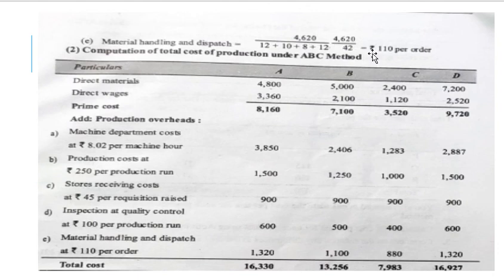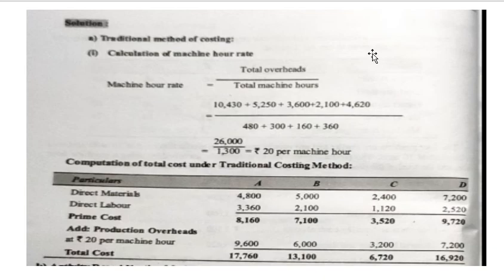You can ask me how did you get 12, 10, 8 and 12 again. That calculation is in your question, as they have stated in this line: the 4 products are similar and are usually produced in a production run of 20 units and sold in batches of 10 units. They have clearly stated that the number of orders executed was 42, each order being for a batch of a product.